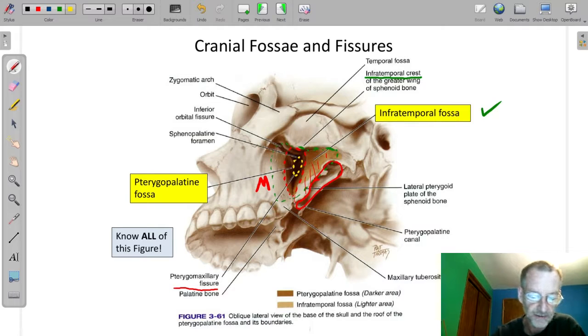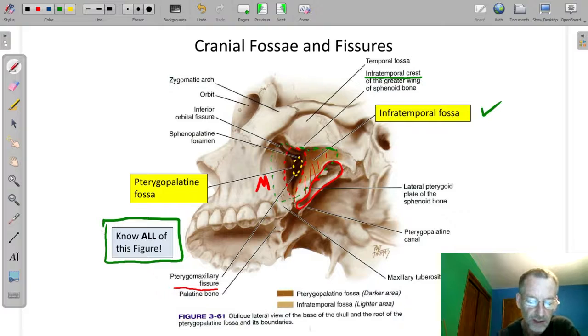And there are a couple of features that I'll point out that would be good to start paying attention to, because as I mentioned in this slide, everything in this figure you're going to need to learn. So there's a little bit of the inferior orbital fissure. I already talked about that, and I mentioned that if you passed through that inferior orbital fissure, you would wind up in the pterygopalatine fossa.